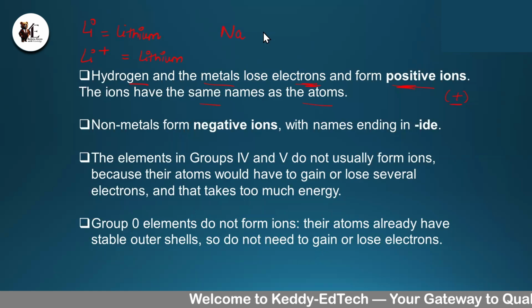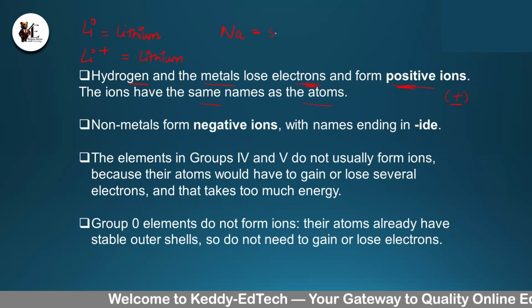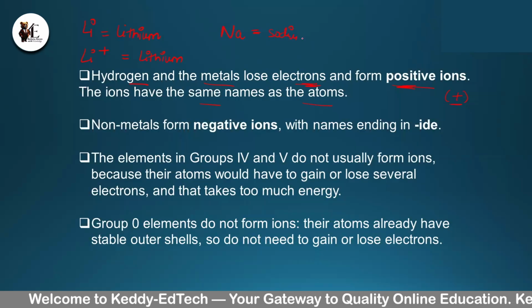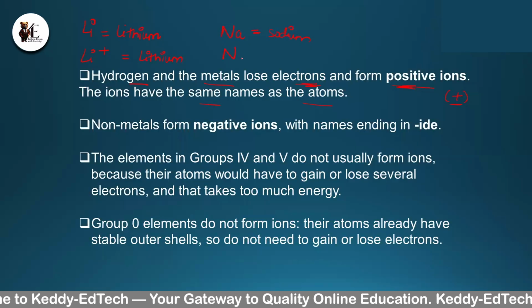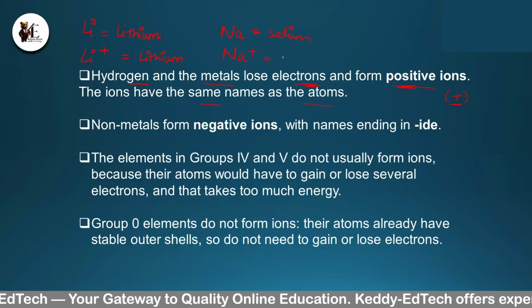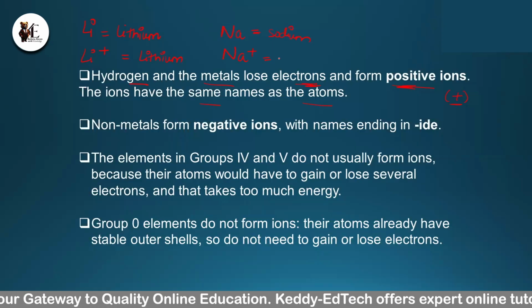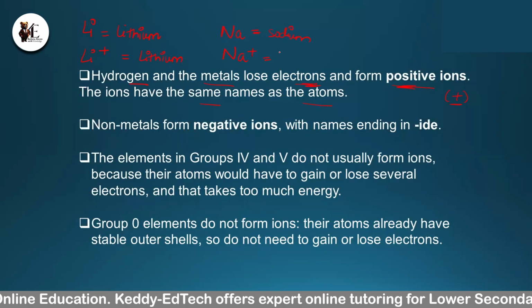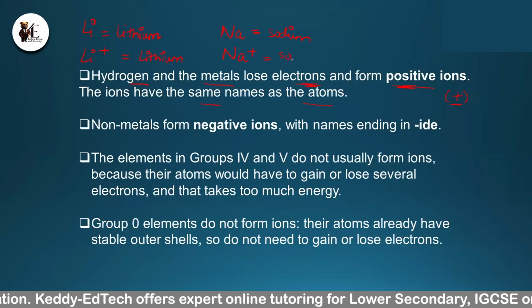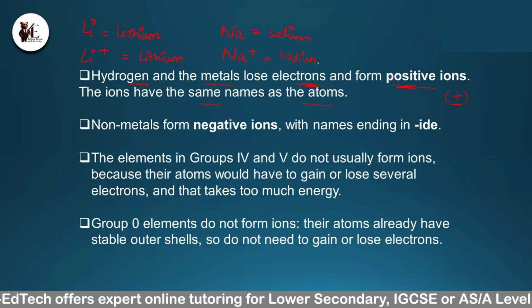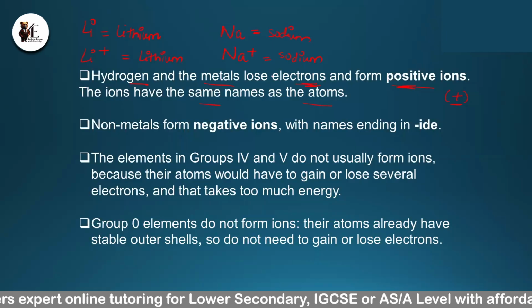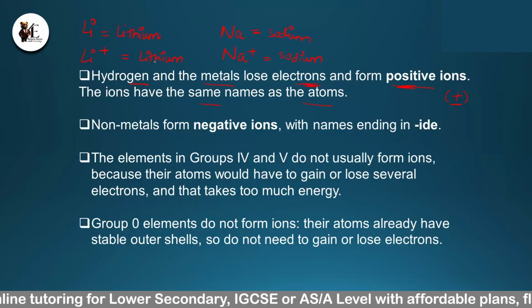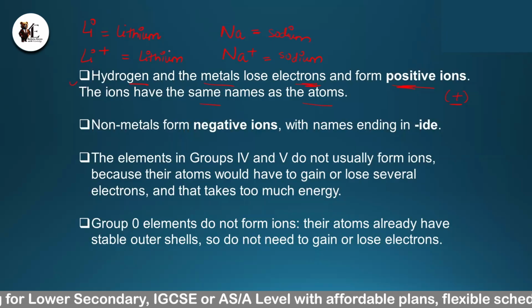If I write this name, it is sodium. But if I write the name of its ion, it is also sodium, right? No change in the name. So these are about the metals. Lithium and sodium are metals, right?